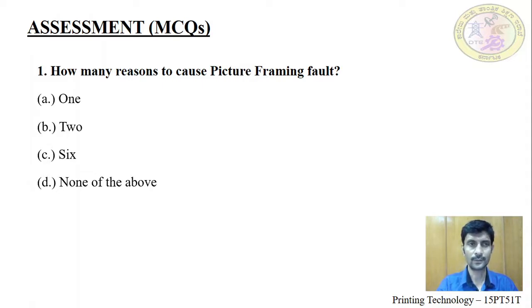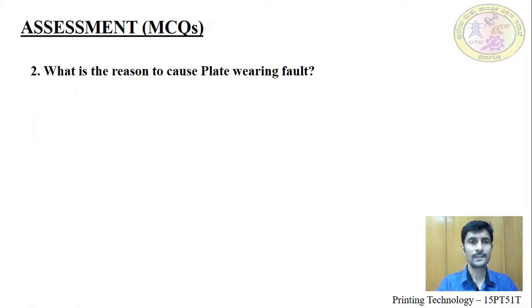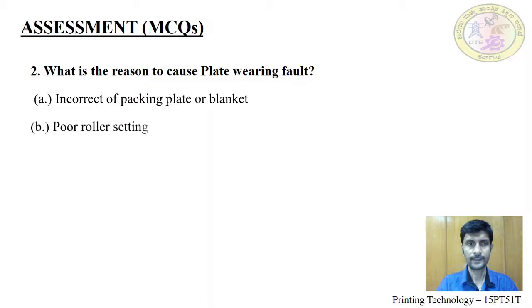What is the reason to cause a plate wearing fault? The options are incorrect packing of plate or blanket, poor roller setting, both A and B, or none of the above.